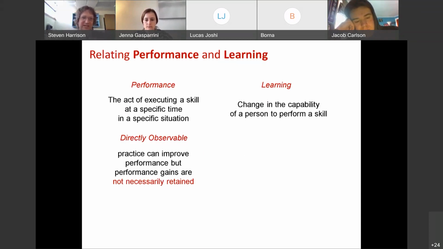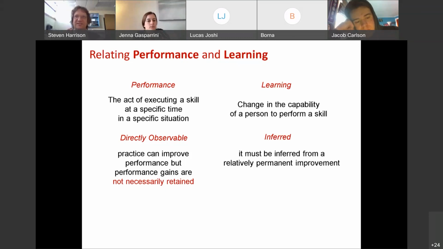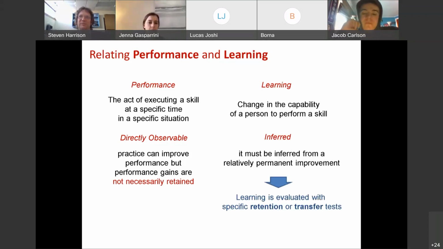Learning is a change in the capability of a person to perform a skill. This needs to be inferred. It's not something that can be directly observed, and we infer it from whether we're seeing a relatively permanent improvement in the capacity to perform an action. So we can't say that learning has occurred unless we have some evaluation that the change we're seeing is relatively permanent.